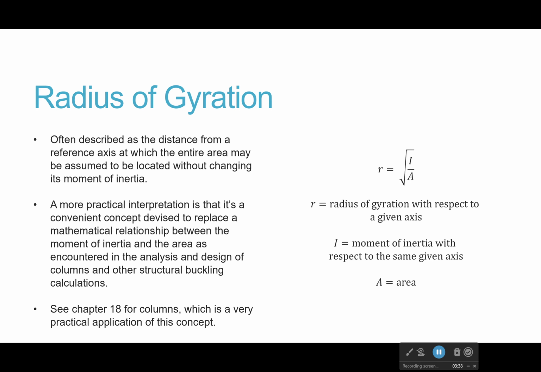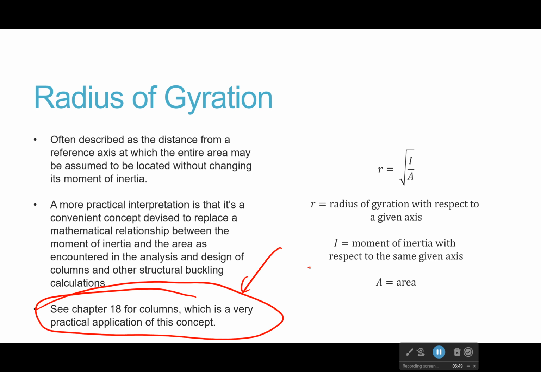Now, a more strange example right here is the radius of gyration, which is really helpful in Chapter 18, which we're actually not going to get to this semester. But if you want to, you can look at it for reference. The big thing it's going to talk about is that the bigger this is, the larger a load a column can carry before buckling.